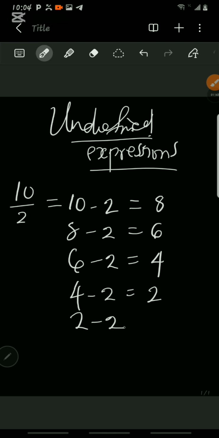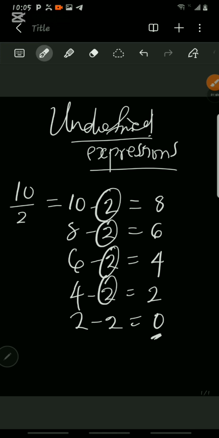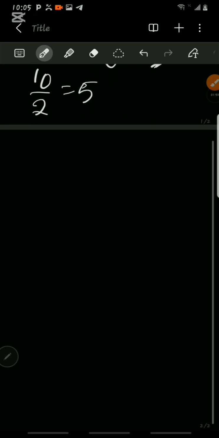And then 2 minus 2, that gives you 0. Right? So if you count it, how many 2's did you have to subtract from 10 until you get down to 0? So let's count it. This is 1, 2, 3, 4, 5. That's why we say that 10 divided by 2 is 5. Right? I'm just bringing your attention to something.